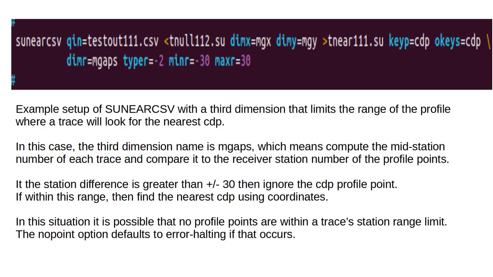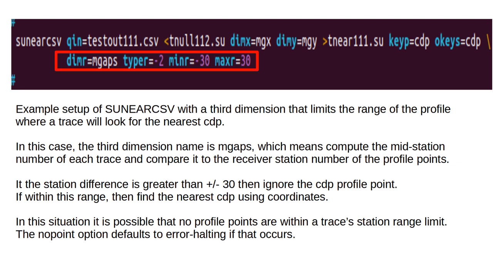This is a setup of SuNear CSV which can solve the self-intersecting profile problem. Along with the usual XY coordinate dimensions, another dimension is specified. This is the dimension which is used as a range. As set up here, this dimension uses receiver station in the input profile file to restrict the range of the profile that each trace will consider when finding the nearest CDP location.